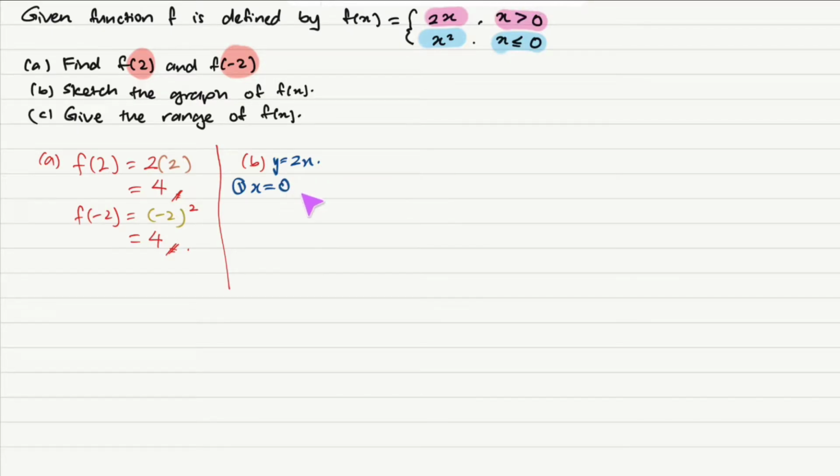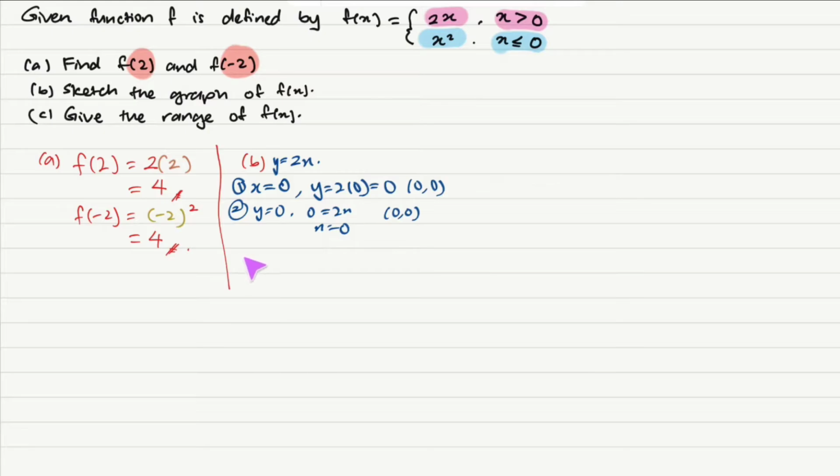When we substitute x equal to 0 there, we get that 2 times 0 is equal to 0. So the first point that we get to sketch this linear graph is (0, 0). The next point we should be looking at is y equal to 0. But when y is equal to 0, as you can see here, x will also equal 0. So it's just the same point.